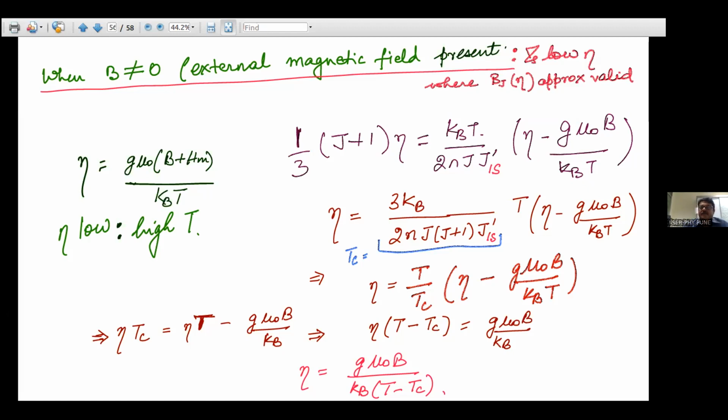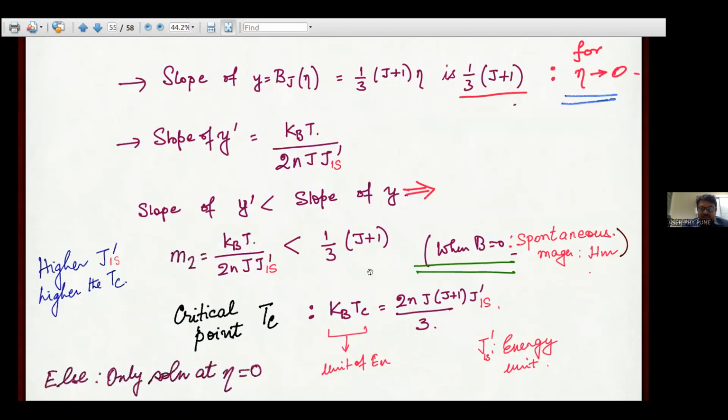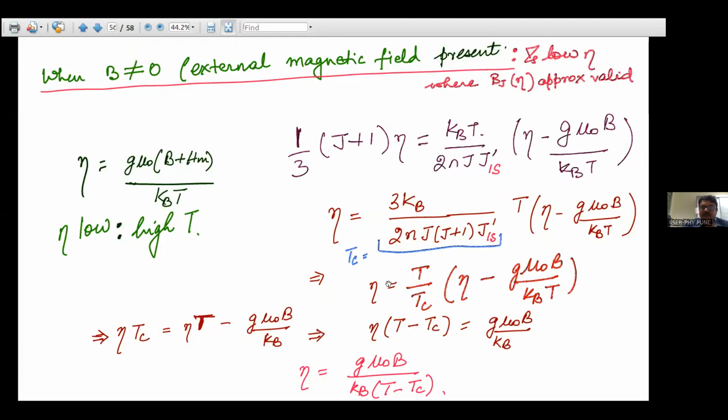But if you calculate what is Tc, so Tc is this entire quantity by kB. So when you have a magnetic field, eta can be written as, this is the same thing except it can be written by T by Tc, eta minus G mu0 B by kBT, right?